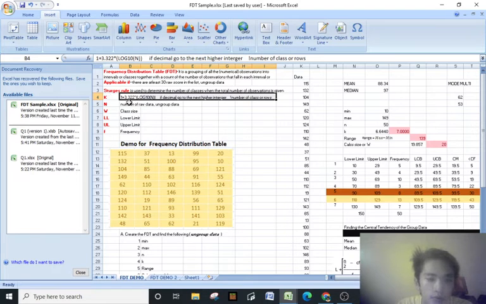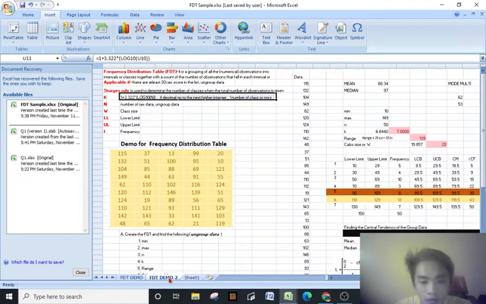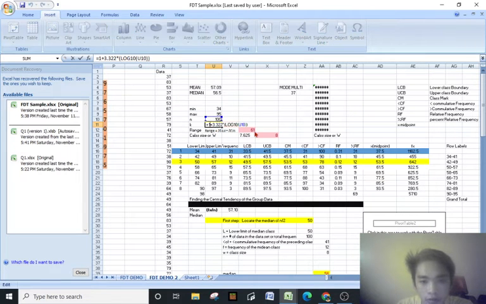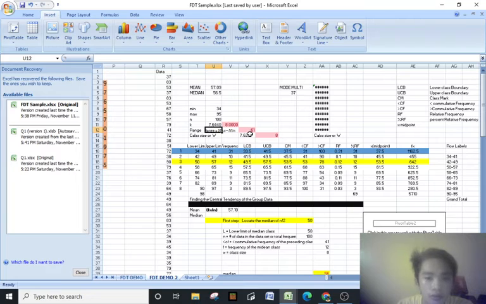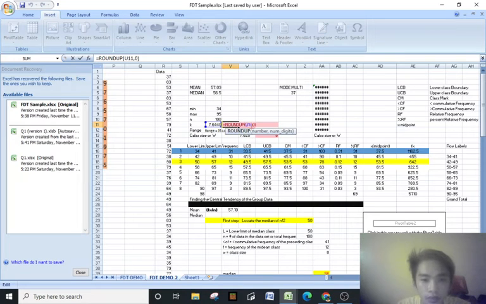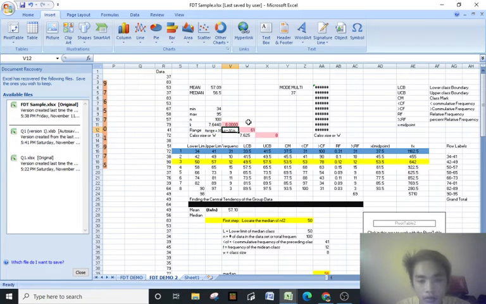So 1 plus 3.322 multiplied by log 10 of the number, which is 100. Click enter and it generates 7.66440. So round up: type round up, then the number and the digits, 0. So 8.